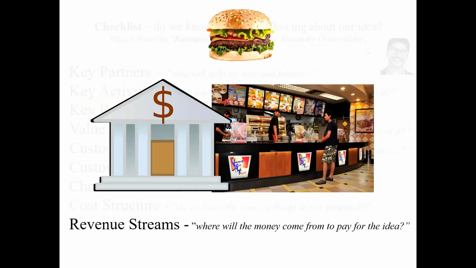And then finally, where will the money actually come from? How do we generate the money to keep this thing going? And ideally, not just to keep it going, but to make a profit. So perhaps the restaurant only makes food and sells it to people. But perhaps there are other things. Maybe you know the Hard Rock Cafe. They're doing merchandising.